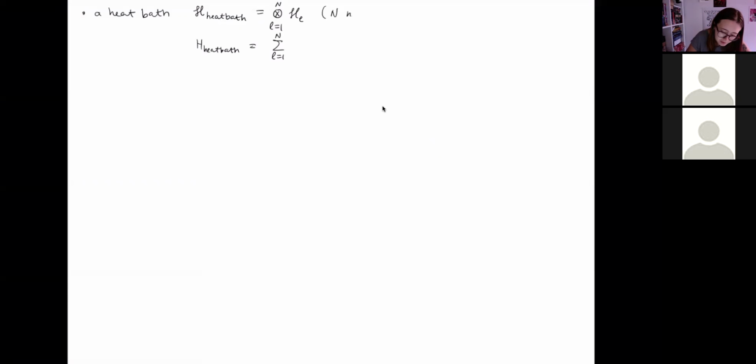It would be n non-interacting qubits with linearly increasing energy gaps. What do I mean by this? It means that the first qubit has the energy gap delta, the second qubit has the energy gap 2 delta, and so on.